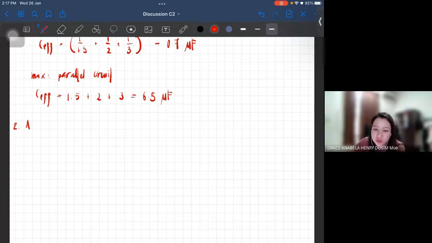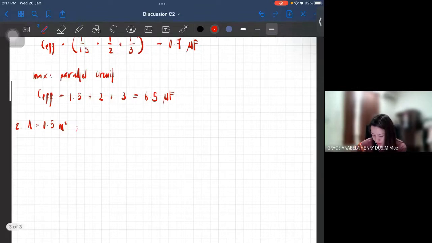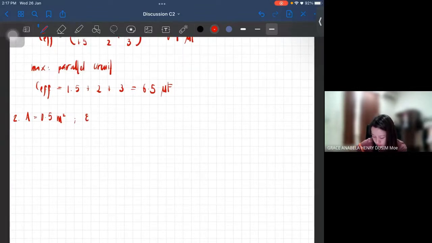Question number 2. Given area is 0.5 meters square, and then the dielectric constant is epsilon r, which is 2.1. Okay, so this will calculate the plate separation if the capacitance is equal to 0.1 times 10 negative 6 farad.